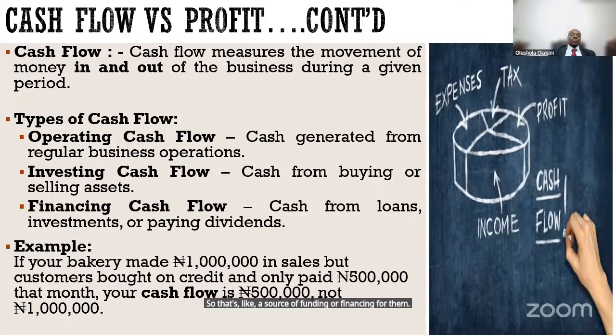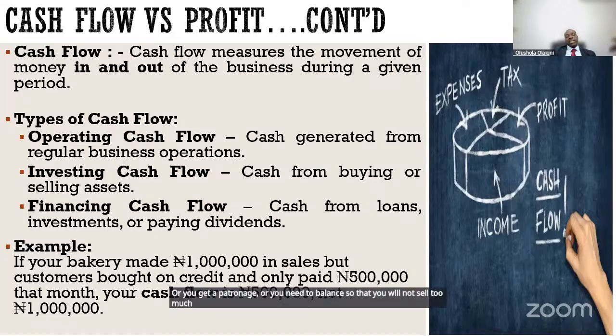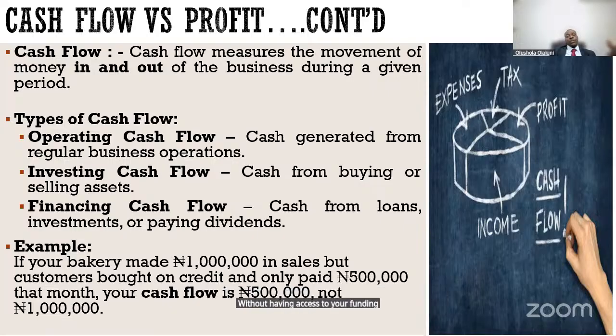But you, as a small business, you need to balance it, because maybe that's what you have to do to ensure that people know you, or you get patronage. You need to balance it so that you will not sell too much and tie down your capital without having access to your funds when you need them.